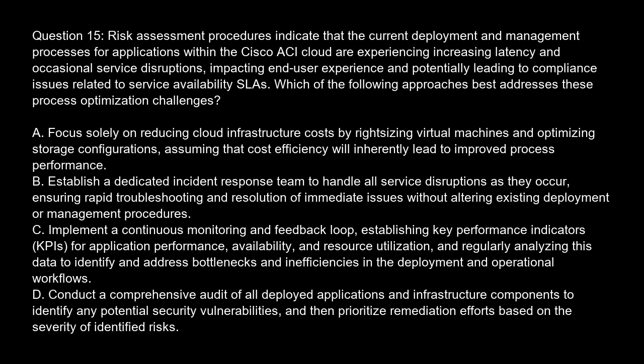Option B. Establish a dedicated incident response team to handle all service disruptions as they occur, ensuring rapid troubleshooting and resolution of immediate issues without altering existing deployment or management procedures.